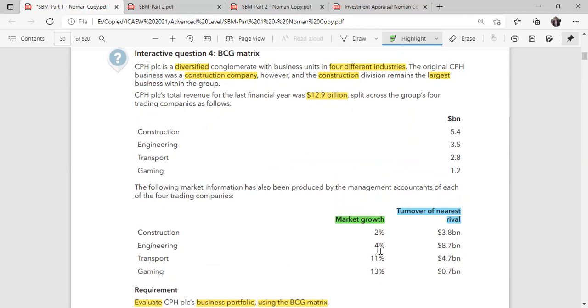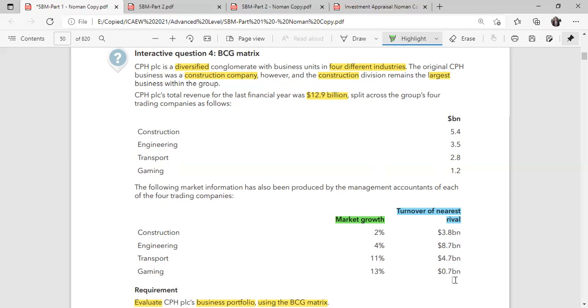Engineering sector, 4% growth, $8.7 billion revenue. Transport sector, 11% growth, $4.7 billion revenue. And for gaming, we have 13% market growth and the nearest rival's revenue is $0.7 billion.